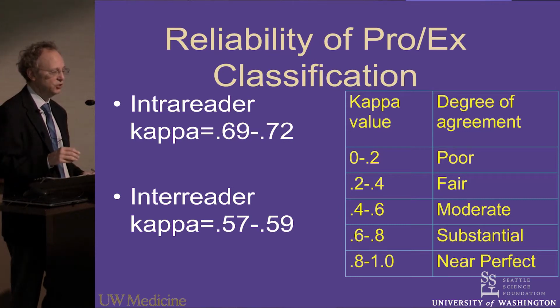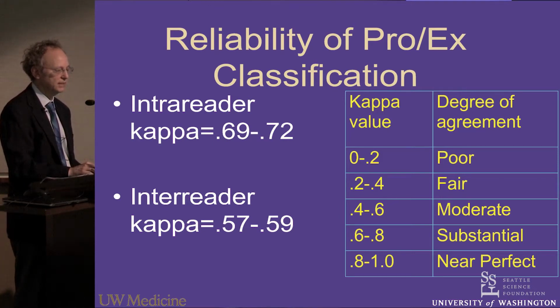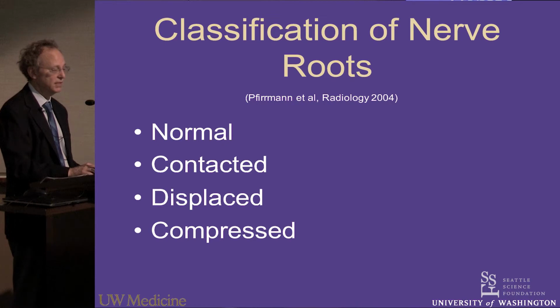And you're essentially shooting in general for kappas in the 0.6 or higher range to say that this is a reasonably reliable classification system. And if you look at intra and inter-rater reliability, it's pretty good. Actually, it's sort of just right around that 0.6 threshold.